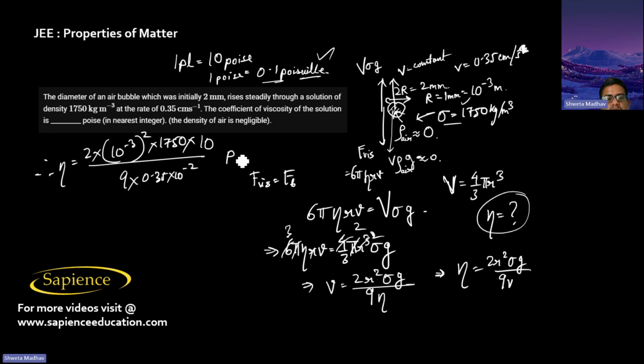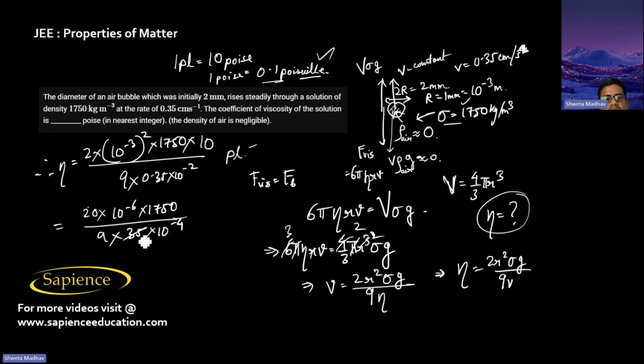So this much pascal second we will get. So this will be 2 into 10 power minus 6 into 1750 divided by 9 into 35 into 10 power minus 4.